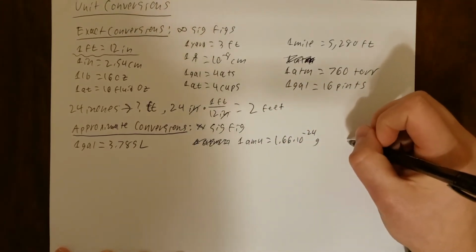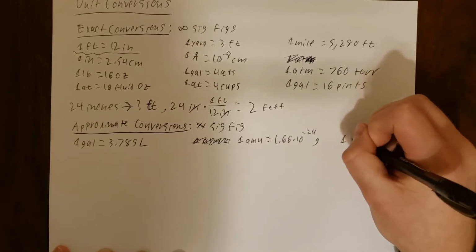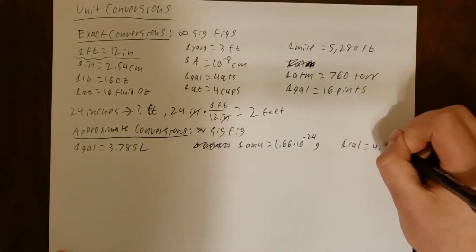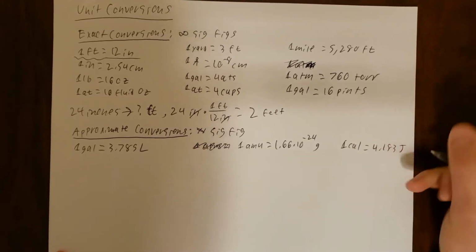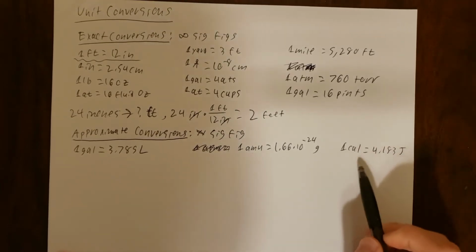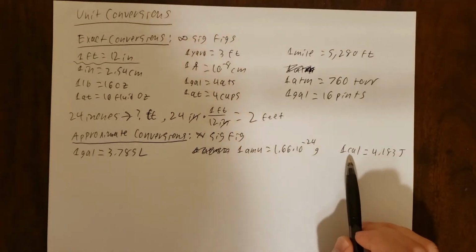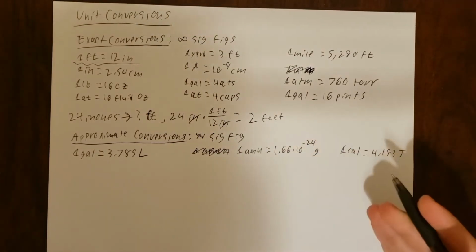So we also know that 1 calorie is equal to 4.183 joules. Calorie, many of you have probably heard of that before, and you get it with food.